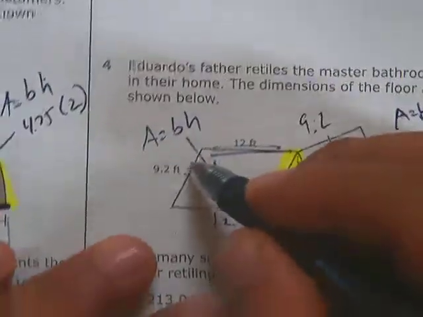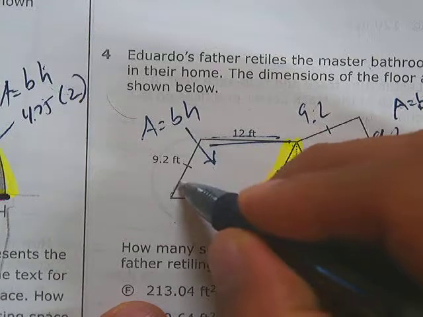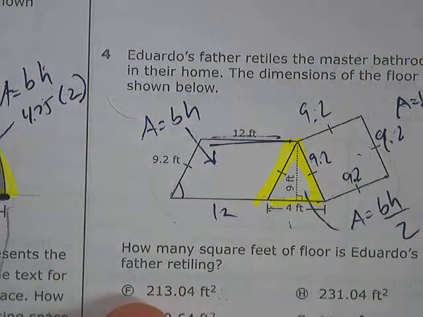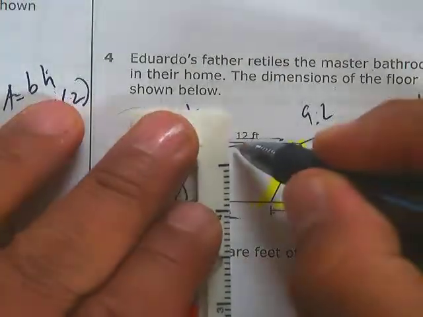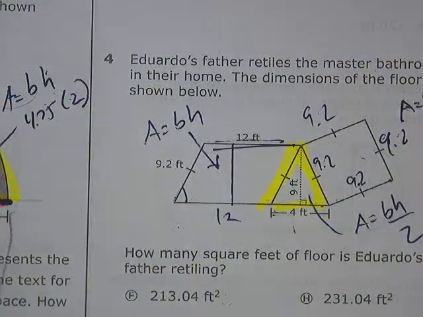I see that this is not a height because that's not perpendicular to it. That's an acute angle. Here, this is an obtuse angle, it looks like. And so this is not my height. My height is the one that's perpendicular to the base and makes a 90-degree angle.